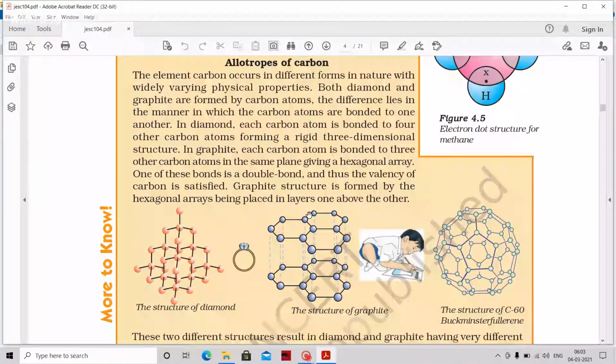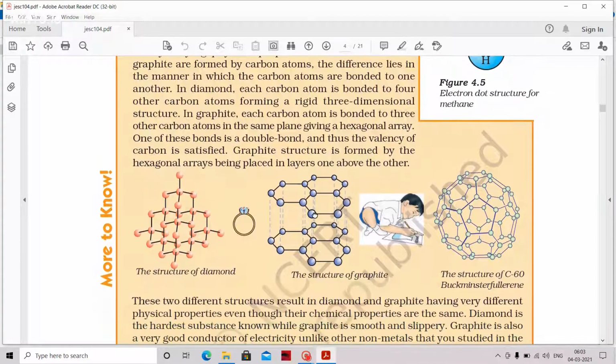Now carbon has only 3 bonds here. Then we can ask how the valence is satisfied. Carbon should have 4, so one of the bonds is a double bond, such that it can satisfy its octet of electrons, or valency.